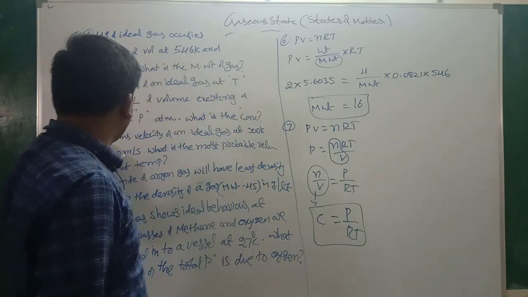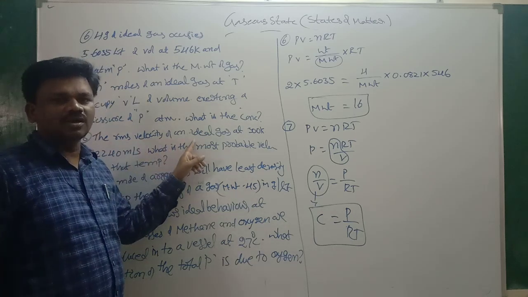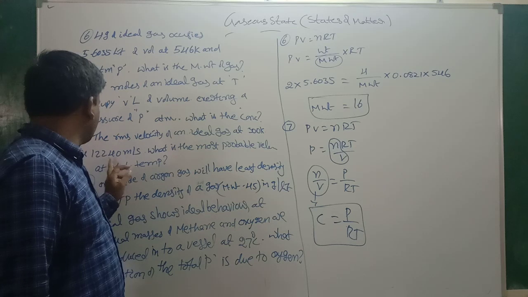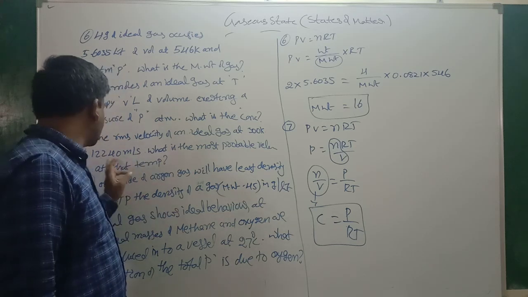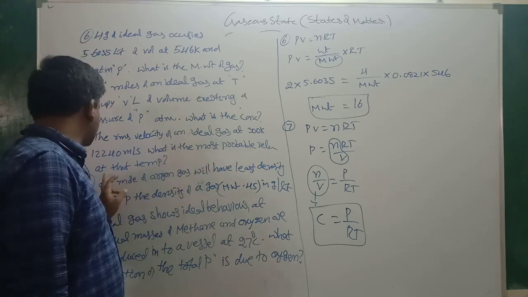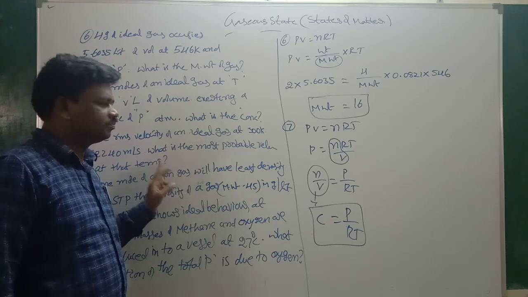And another problem, the RMS velocity of a gas at 300 Kelvin is 12,240 meter per second. What is the most probable velocity at that temperature?